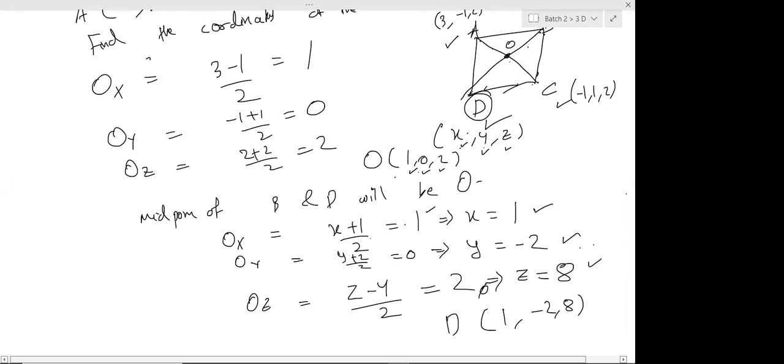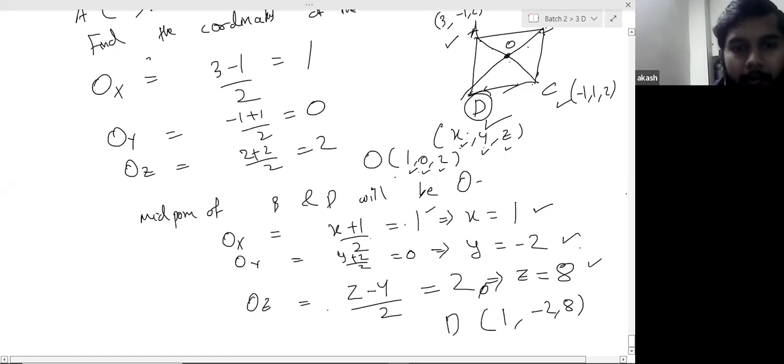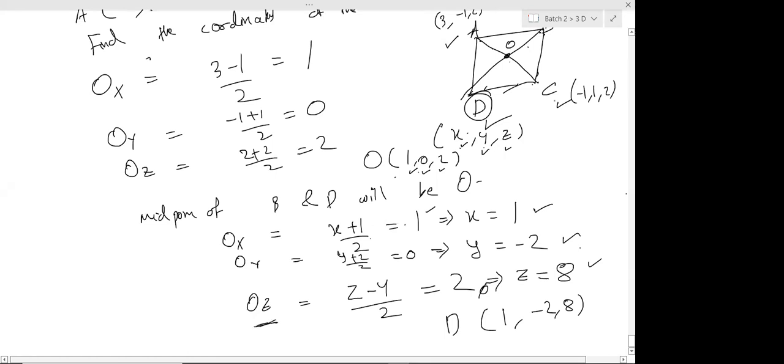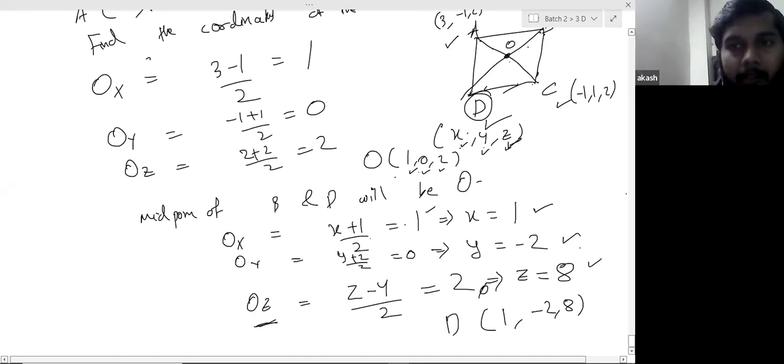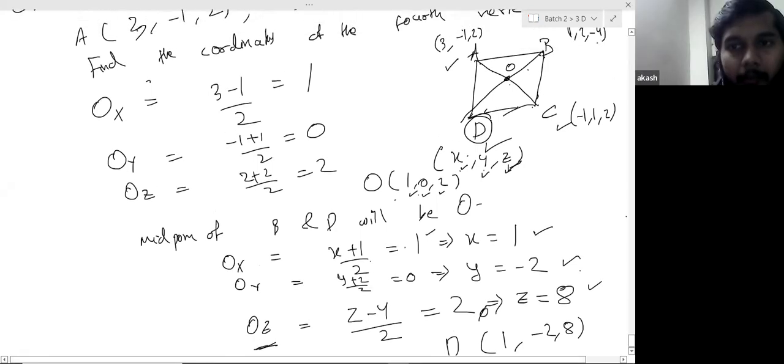Sir, can you show how did you find for z? Z, all right, this is z coordinate plus z coordinate of B, that is minus 4. You add them, so z minus 4 by 2 is equals to this value, 2, z coordinate of O, right?